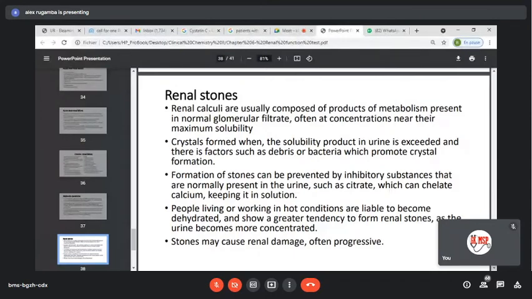So the debris of bacteria will make crystals form. I will show you examples of crystals, like phosphate and others. The crystals may result from the action of bacteria and will be eliminated in urine.